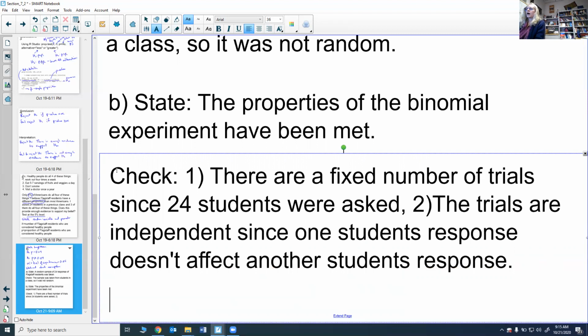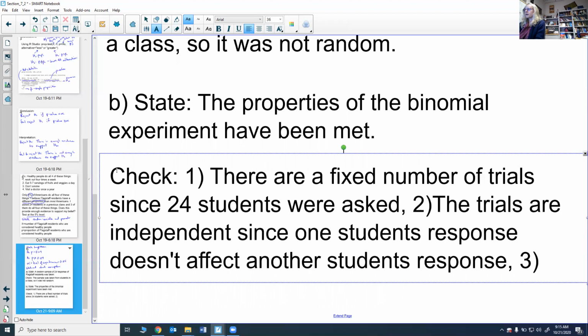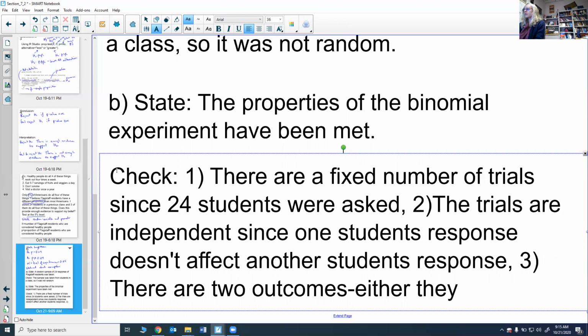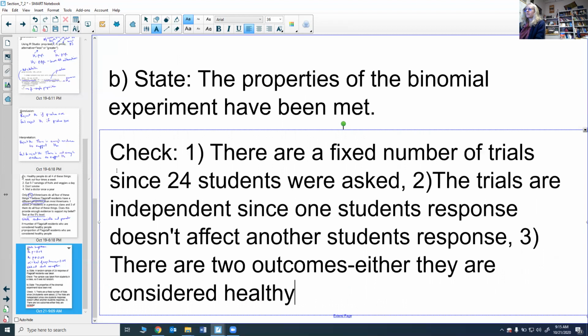All right. The third property of a binomial experiment is that we have two outcomes, and we do. There are two outcomes: either they are considered healthy, or not.